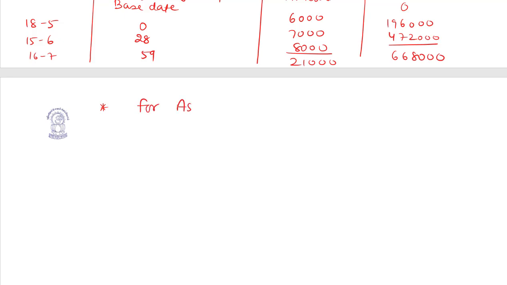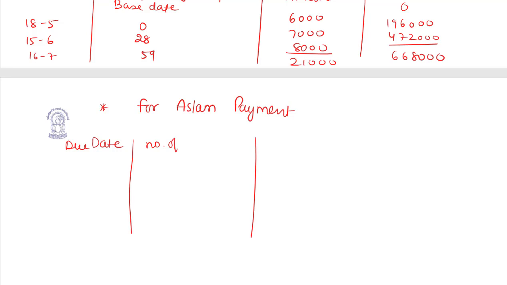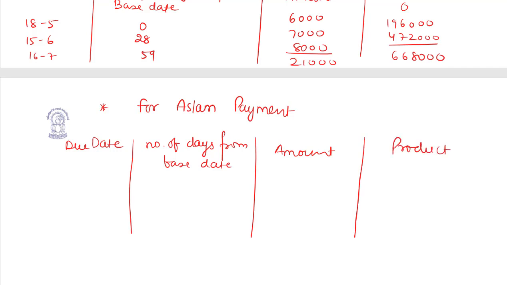Next, for Aslam payment, same columns: due date, number of days from base date, amount, product. 23rd May, 24th June. 5 days and 37 days.